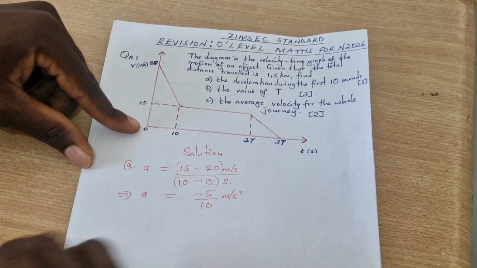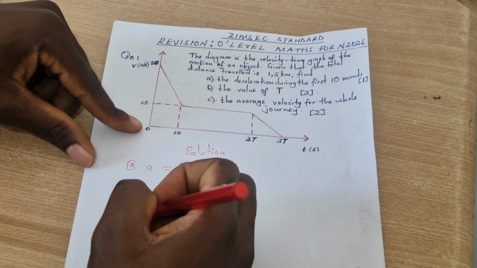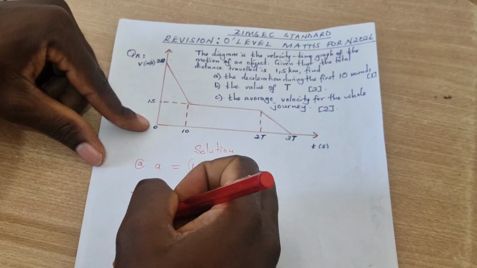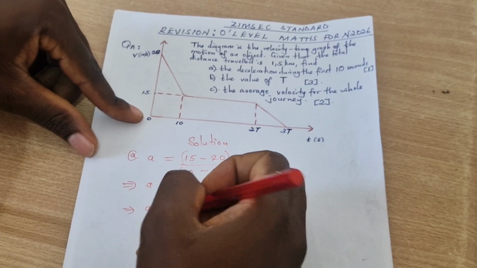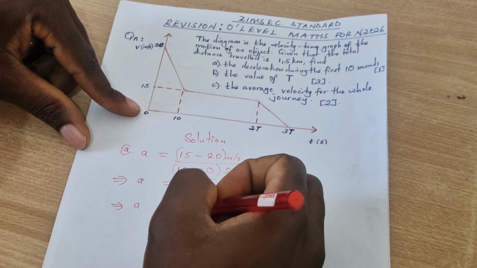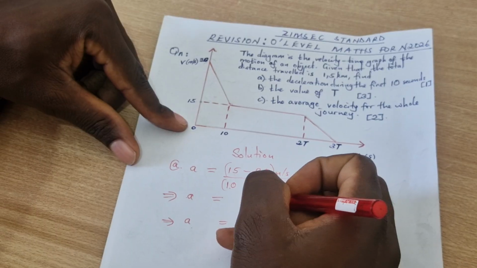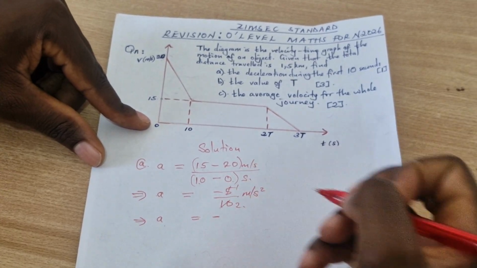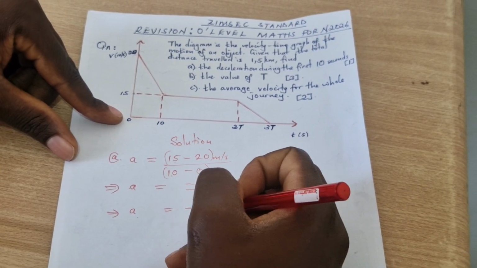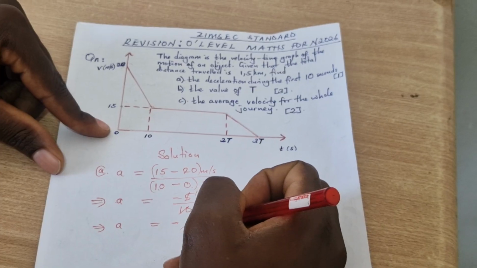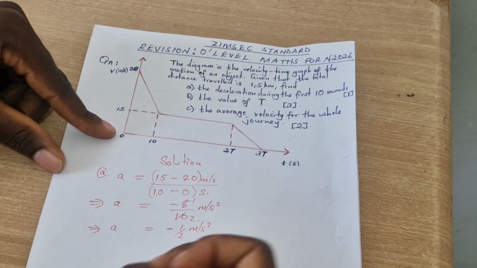These are the units for acceleration, right? So for acceleration, here we cancel 5 into 5, 1, and 5 into 10, 2. So we get 1 over 2 meters per square second. Right.